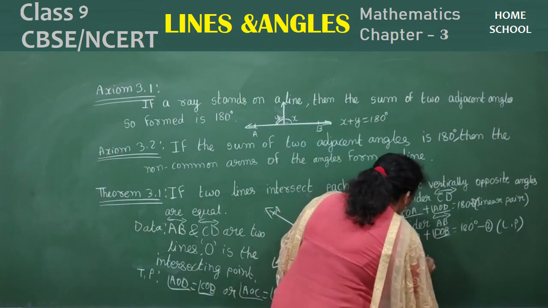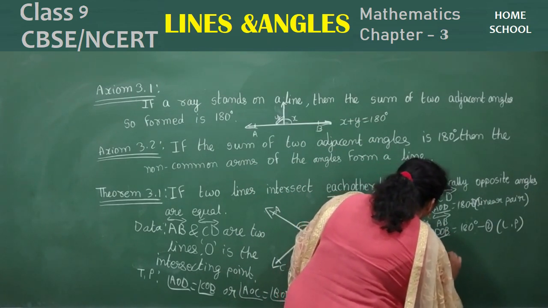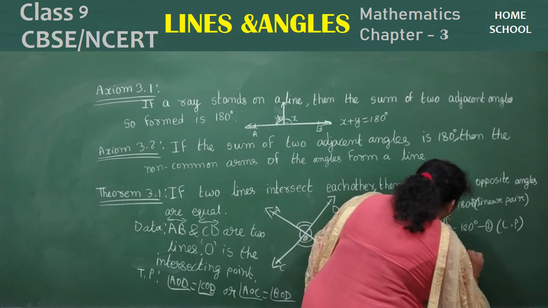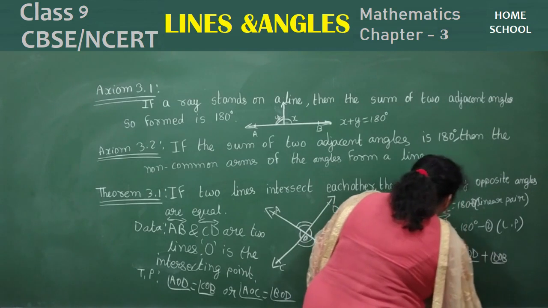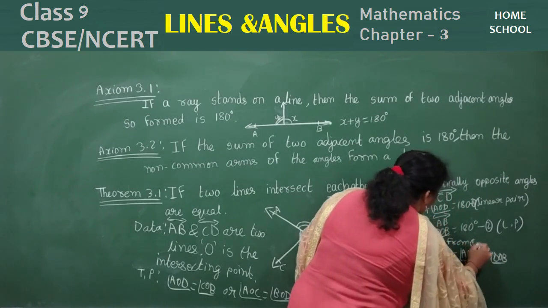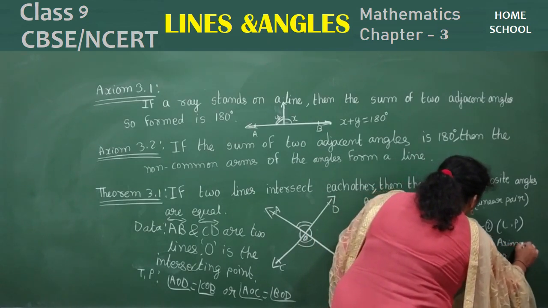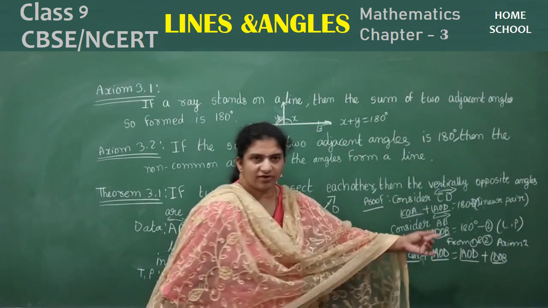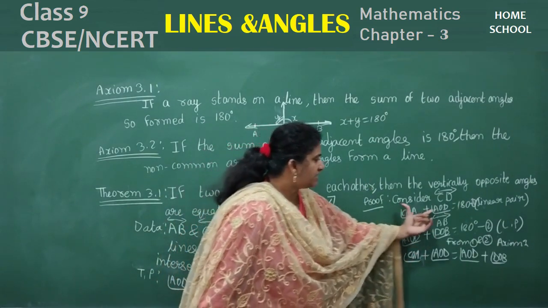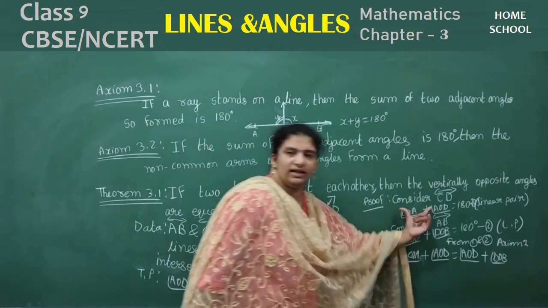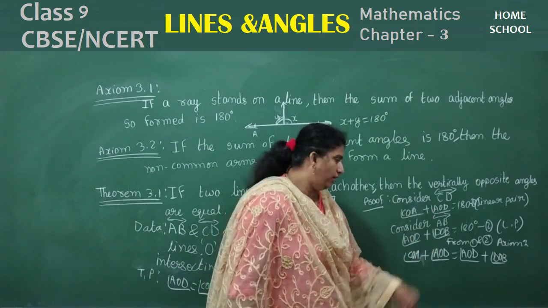Angle COA plus angle AOD is equal to angle AOD plus angle DOB, from 1 and 2 by Axiom 1. Understand carefully, these two are equal.